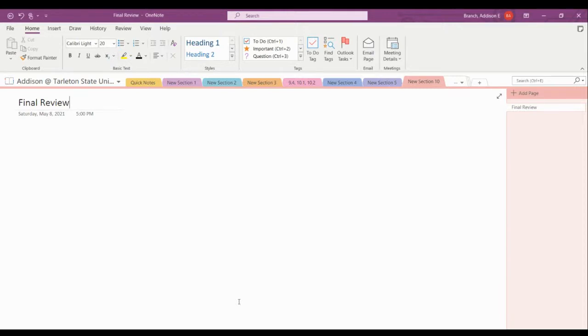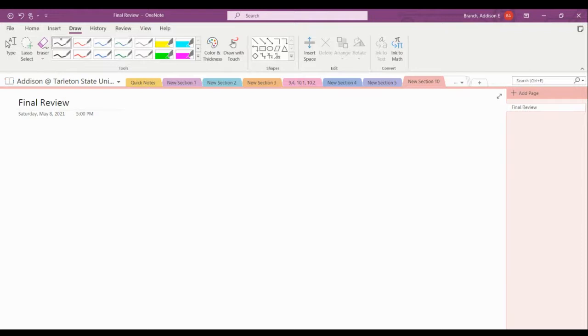Our first new section that was not covered on exam 2 is section 11.4, and that one's going to be covering our comparison tests. Whenever we talk about comparison tests, we actually have two different tests.